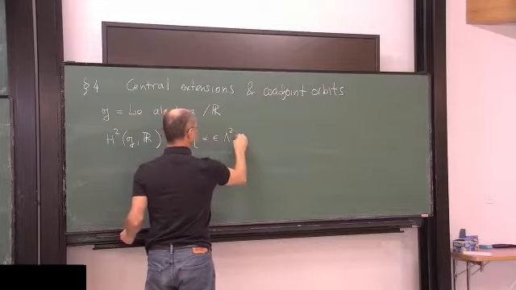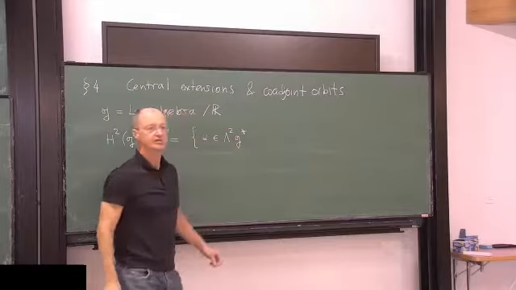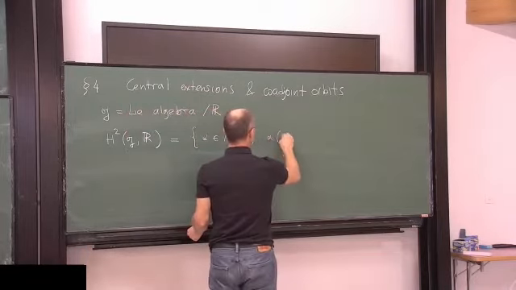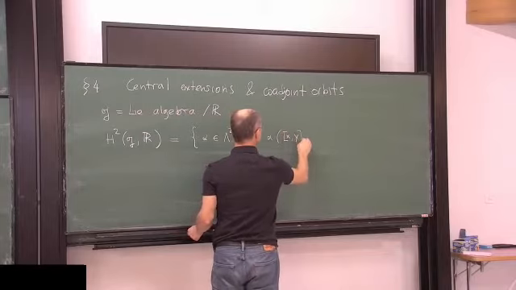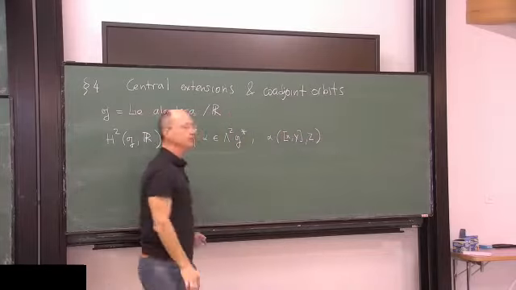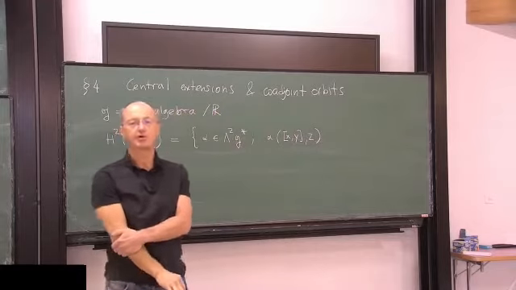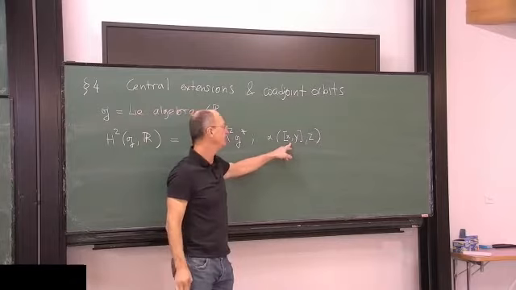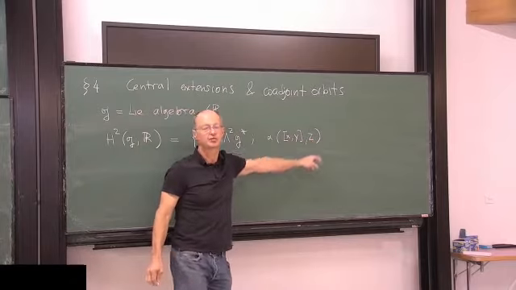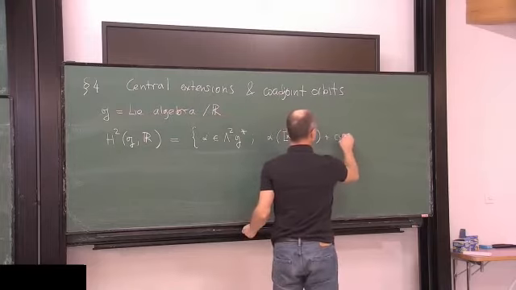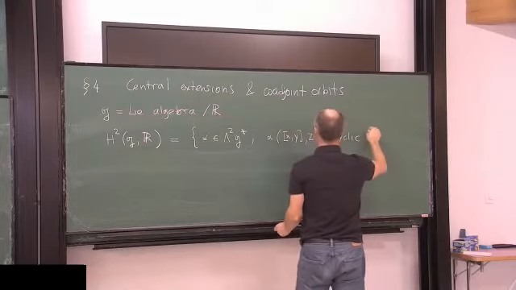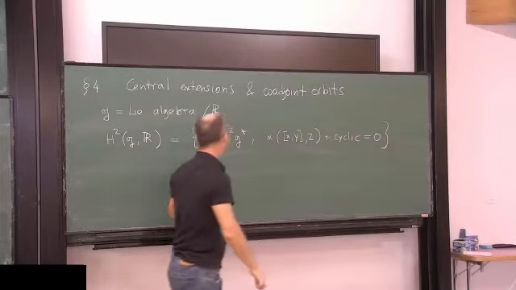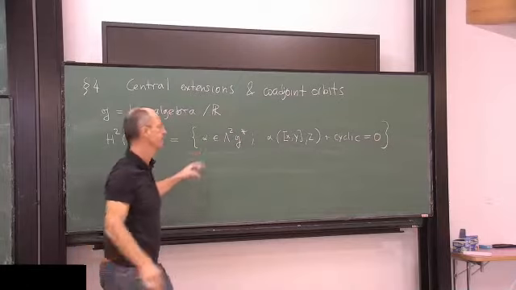These are elements of the second exterior power of g star, which have the following property. When you compute alpha for a triple of Lie algebra elements, so you take a Lie bracket in the first entry and just the third element in the second entry, and you add cyclic permutations, you would like to get 0. So that's the space of cocycles.